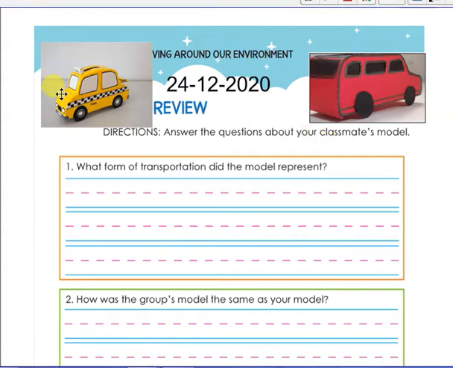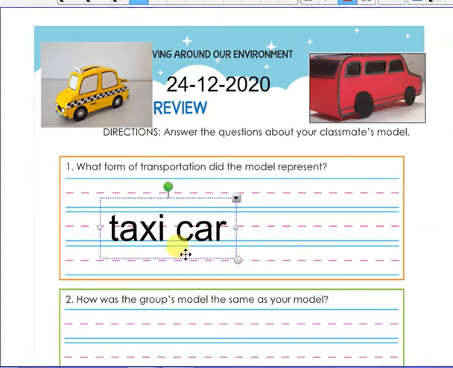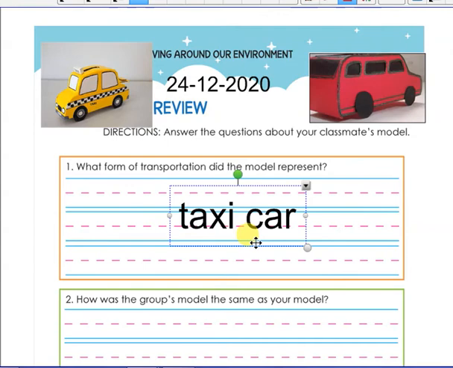What form of transportation did the model represent in Junior 1C? You see taxi car, right? So write taxi car. Our friends in class 1C built a model of taxi car.